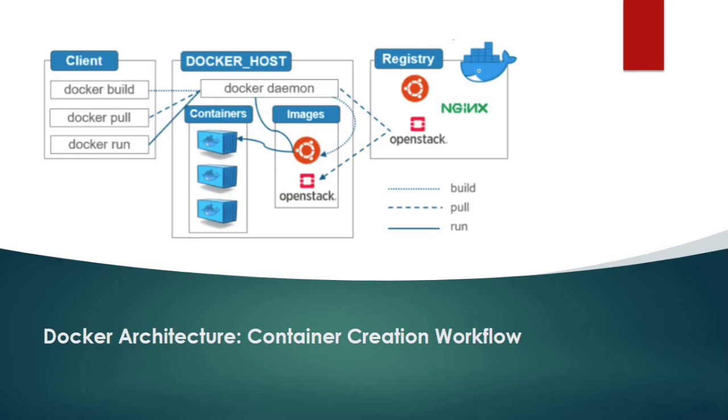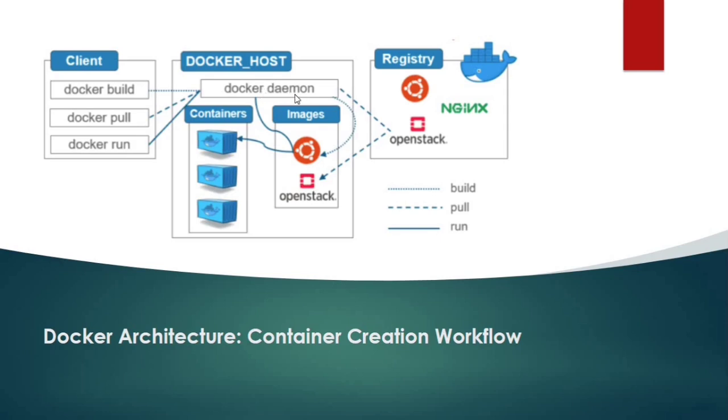The Docker client sends the request to create a container to the Docker daemon, which runs on top of the Docker host. This communication happens via Unix socket between the Docker client and the Docker host. On top of the Docker host, the Docker engine is the one which handles this particular request.